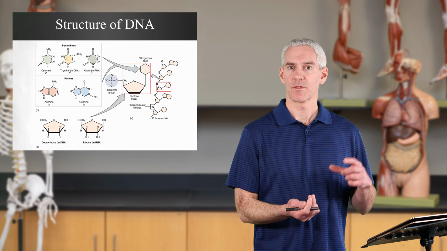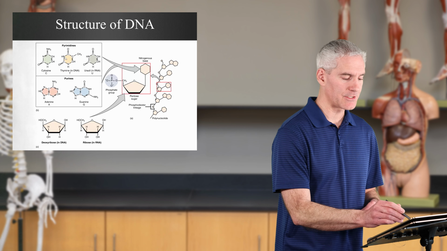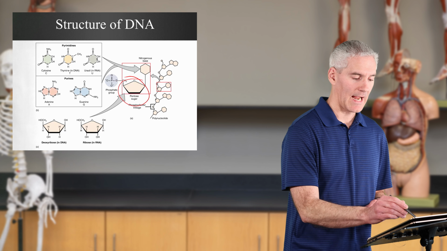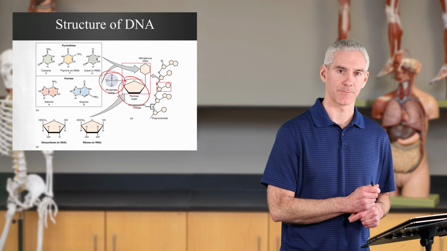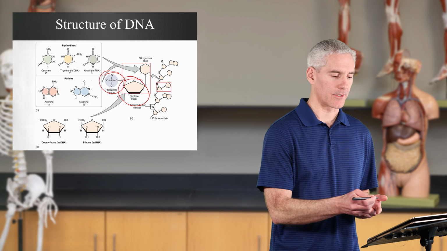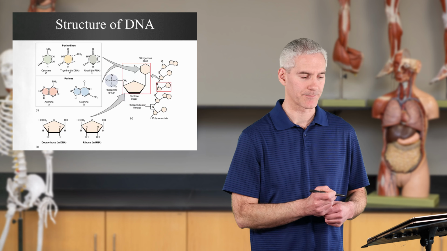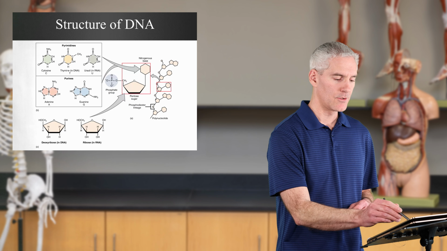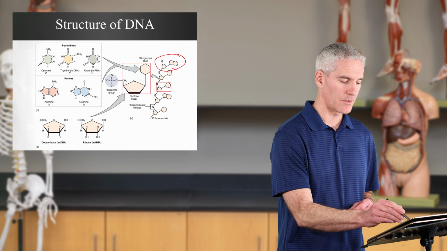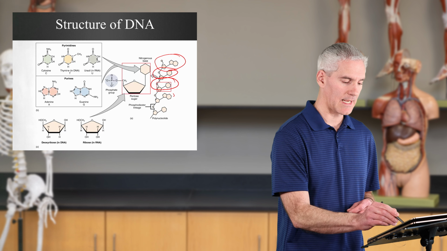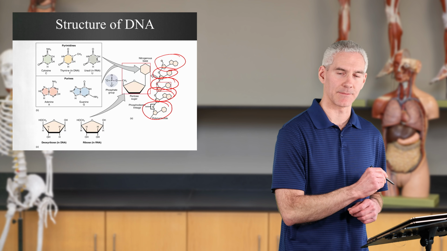From there, those nitrogenous bases will be added to a sugar, and then you have the phosphate group here. So all together, all 3 pieces are making up this structural unit, this nucleotide. You can see that you have a nucleotide, another nucleotide. Each one of these I'm circling is a nucleotide.